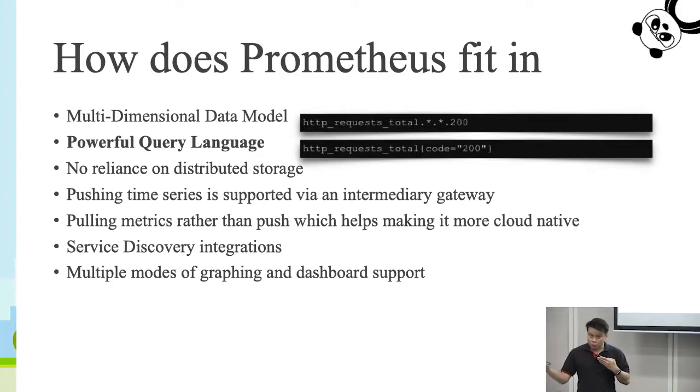He has his point on pull, but there are some scenarios where you realize that pull will not work, which is what they describe as batch or short-lived jobs. Start, execute, finish. It's even faster than you can realize that you need to pull.